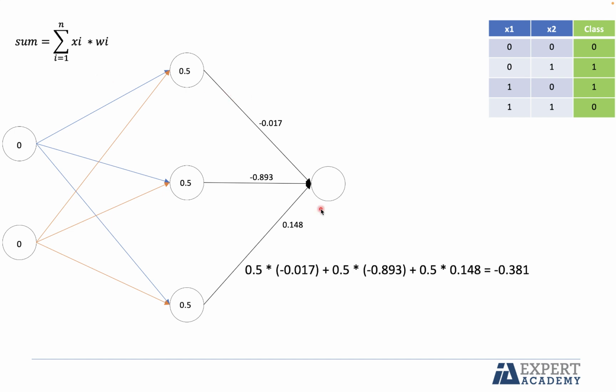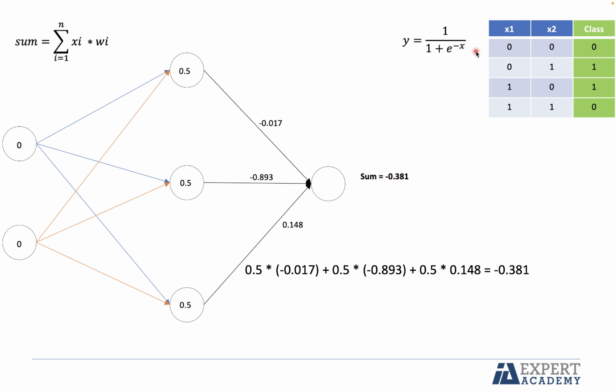It is the same we applied before, 0.5 times the weight plus 0.5 times the corresponding weight plus 0.5 times the corresponding weight. The result is minus 0.381. So this is the sum function.